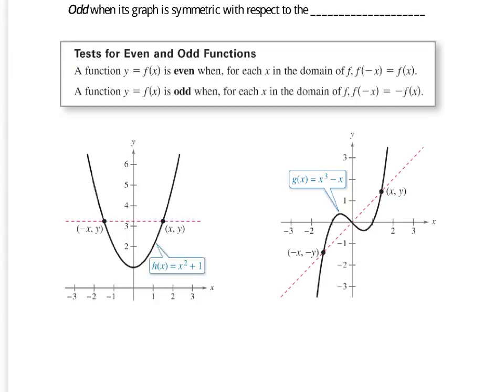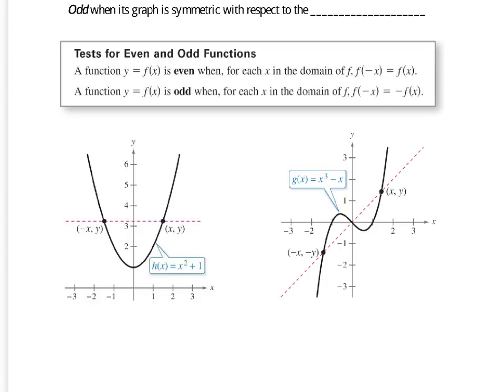Let's start with the even function, and if you look at the graph on the left of the parabola, notice we call this even because it has y-axis symmetry. So those things are interchangeable and you can use them going forward. Now, you'll notice that there's a piece of information that reads in the definition f of negative x equals f of x.